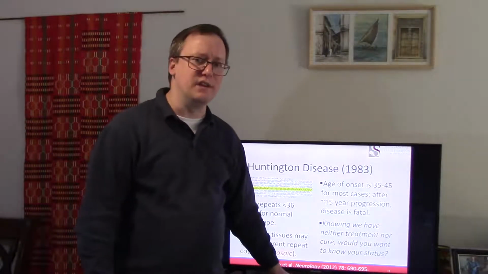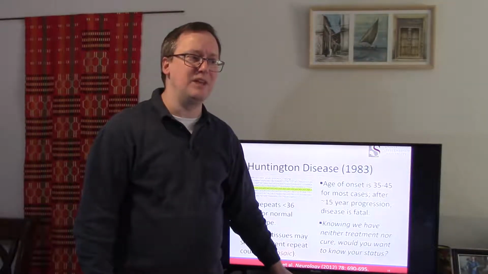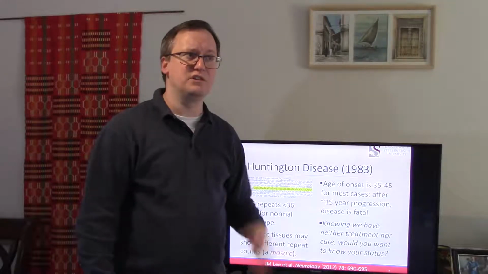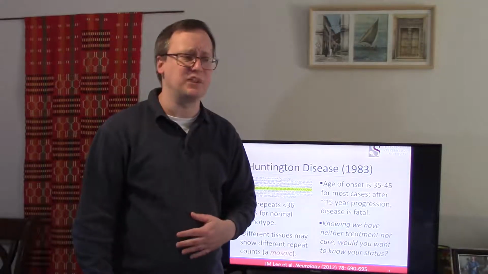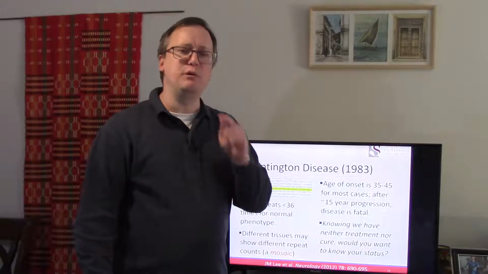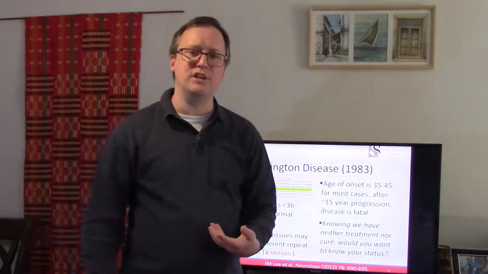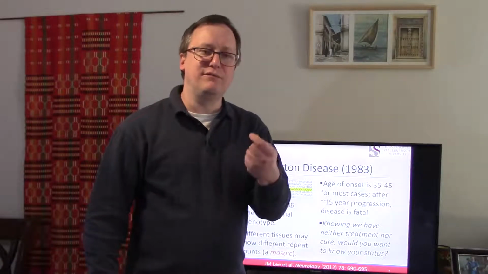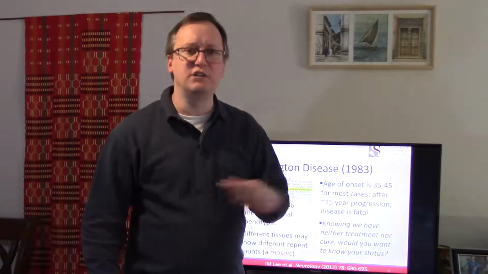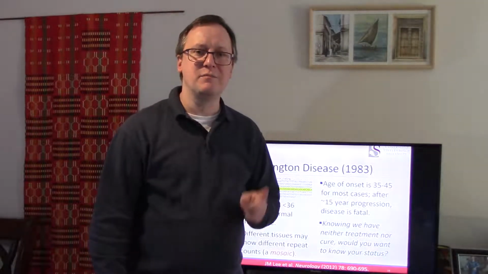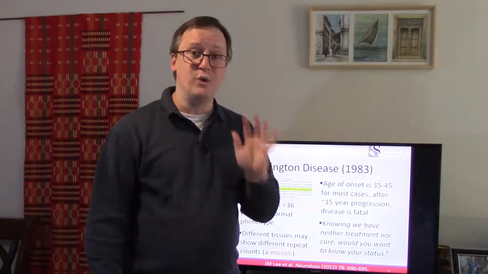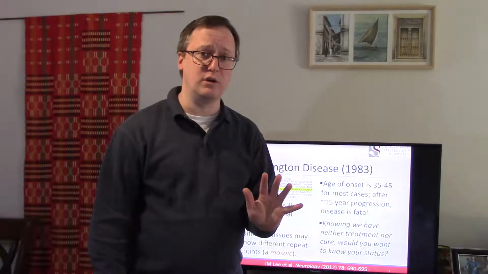Now I want to bring with it a key ethical concern when we think about this in the context of genetic counseling. If we were able to tell you how many repeats you have in your Huntington gene, that would be informative to you about whether or not you are likely to get sick with this. But today, as of now, we do not have a treatment for Huntington disease.